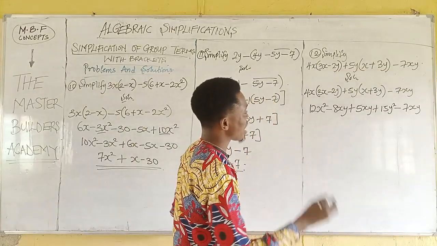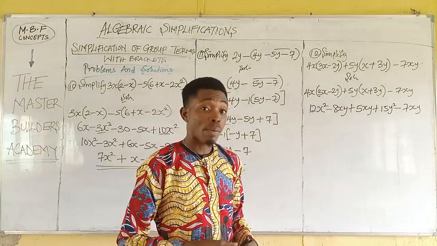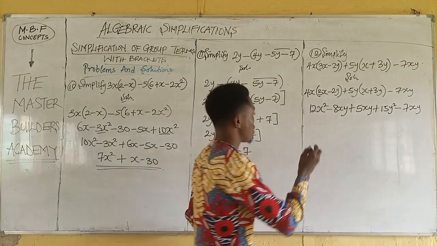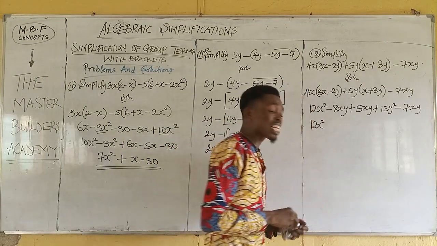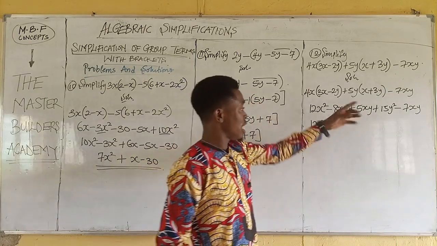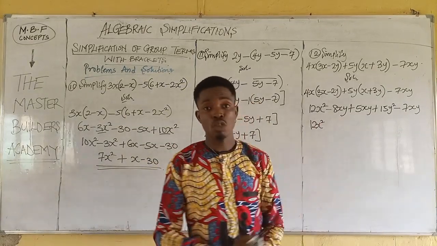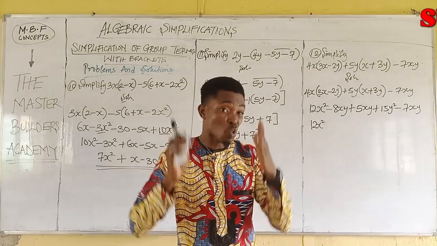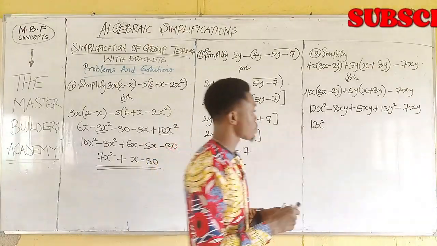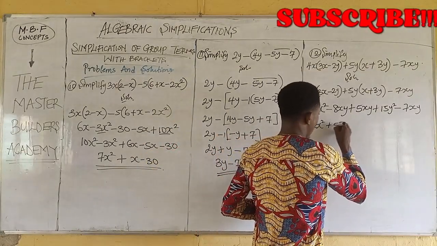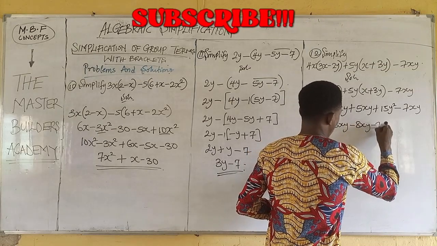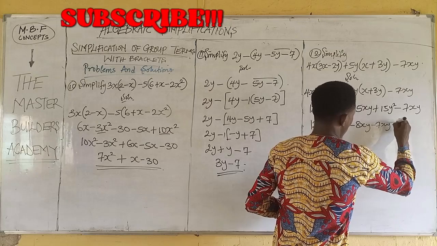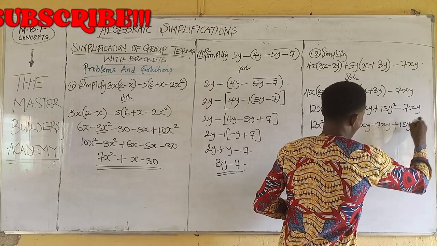So we need to identify the terms in x squared, and that's only 12. So we put down 12x squared. Now the terms in xy are minus 8xy, plus 5xy and minus 7xy. So we are going to start from the positive, which is plus 5xy. So we put down plus 5xy minus 8xy minus 7xy plus 15y squared.